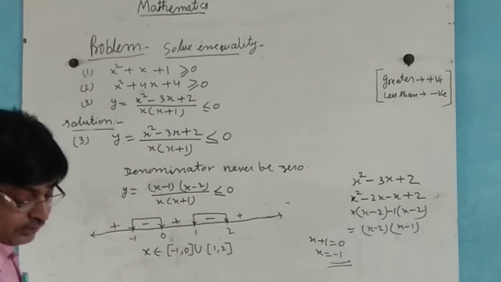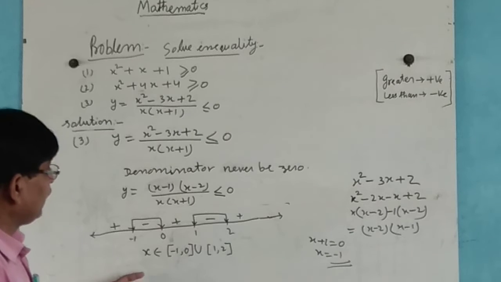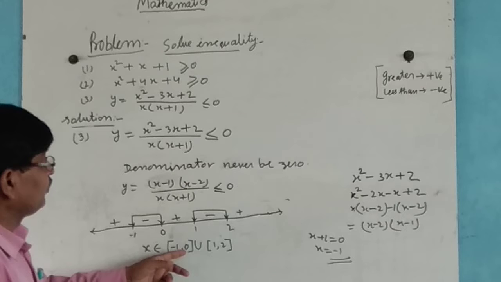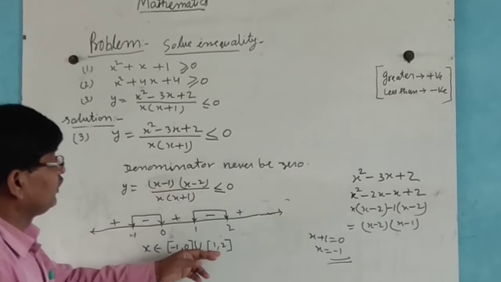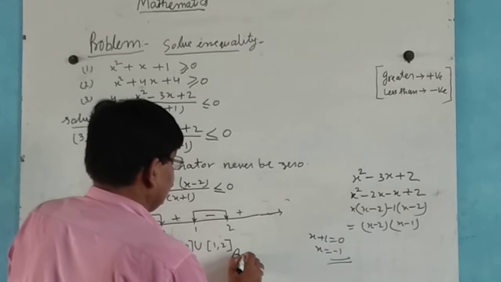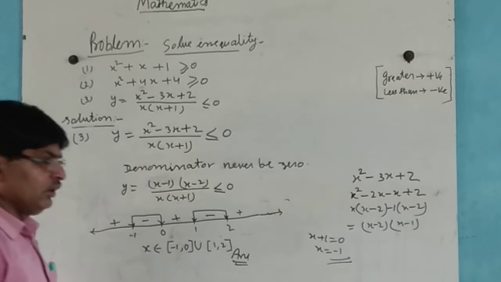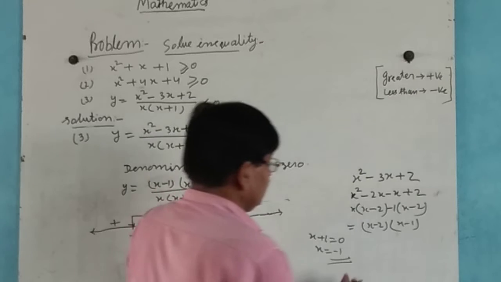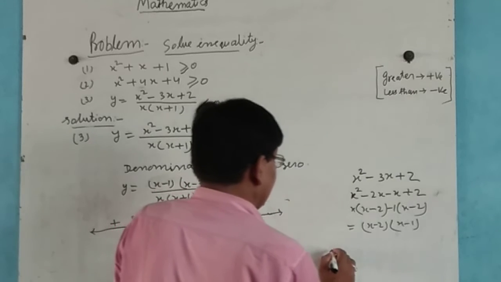It means that the value of x belongs to [-1, 0] union [1, 2]. This is our answer. Union means, such type of problem we study in the set theory.